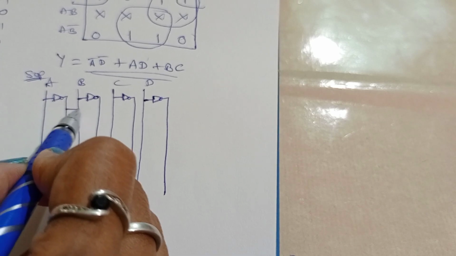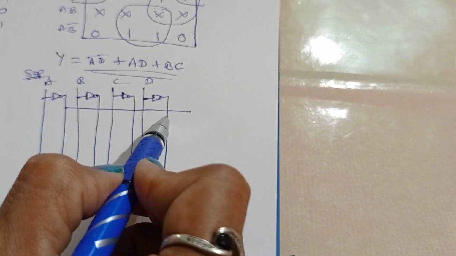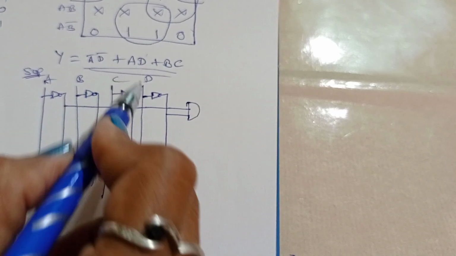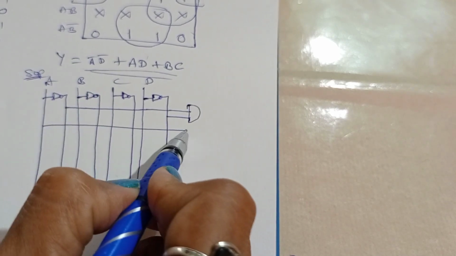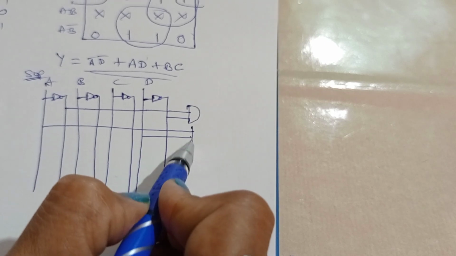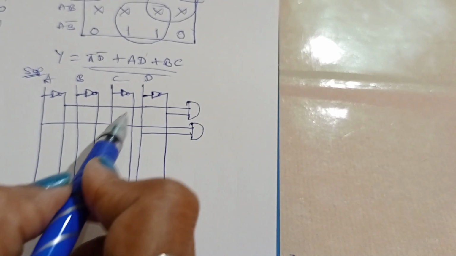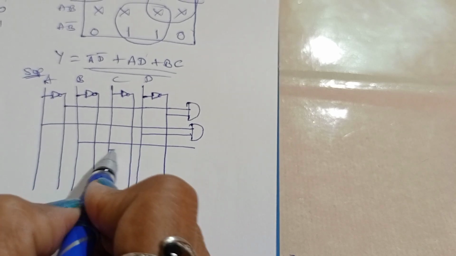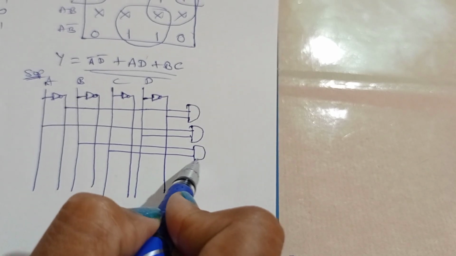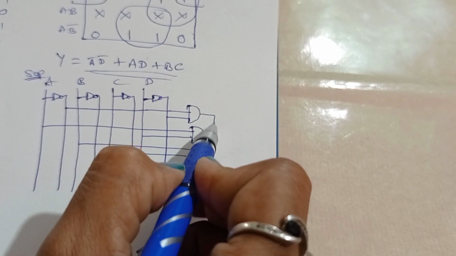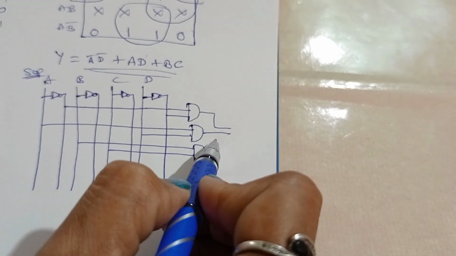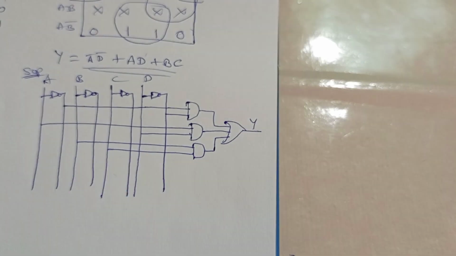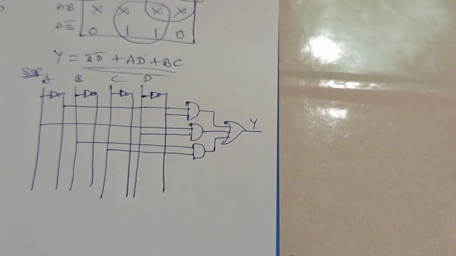So, A bar, D bar, AND gate. Next, AD, AND gate. BC, B and C, AND gate. Connect for OR gate. This becomes y.